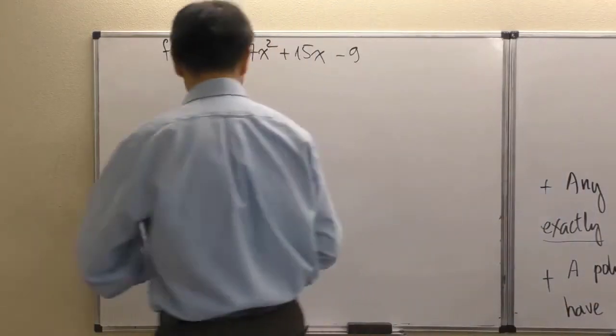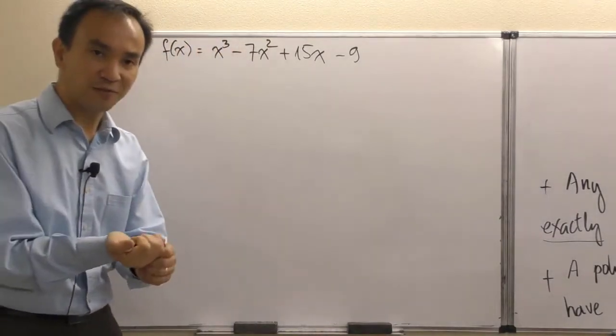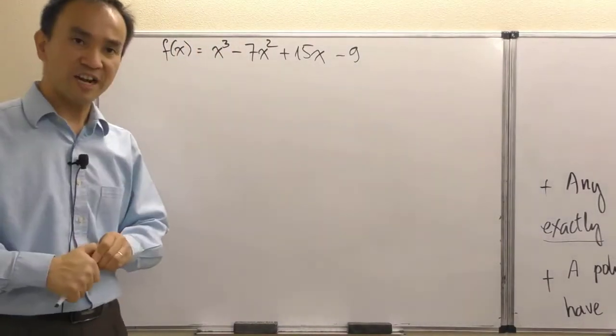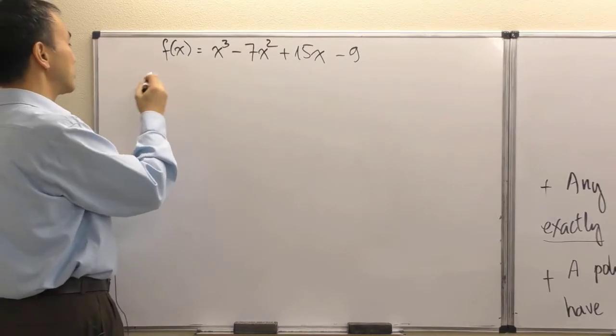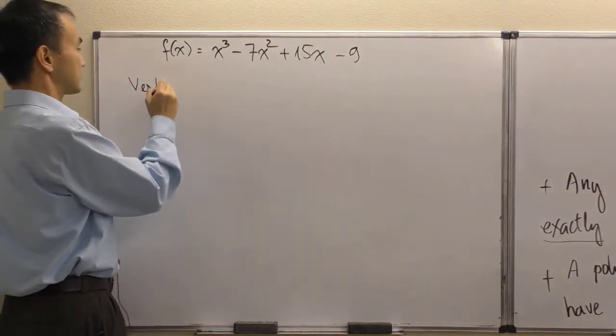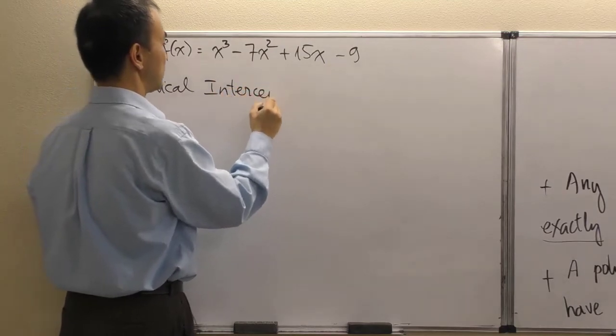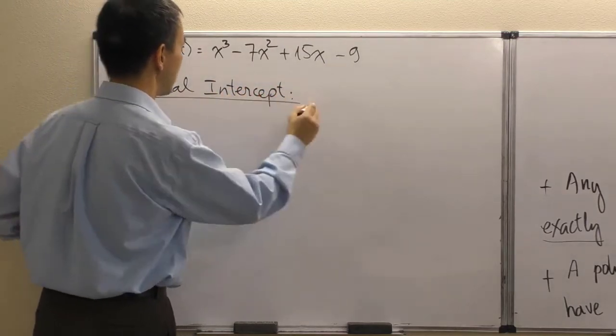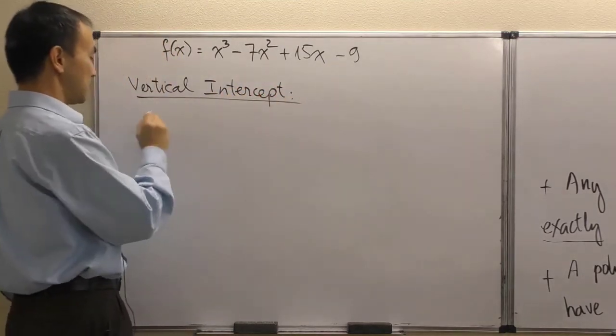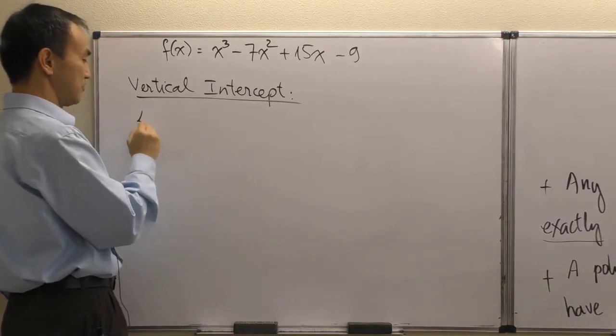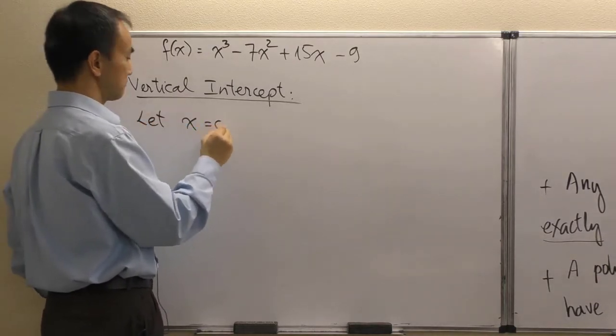All right, so that indeed brought up for us a solid technique to find the vertical intercept. Once we apply it on this particular function, the vertical intercept is going to happen at, we're going to purposely let x equal 0.